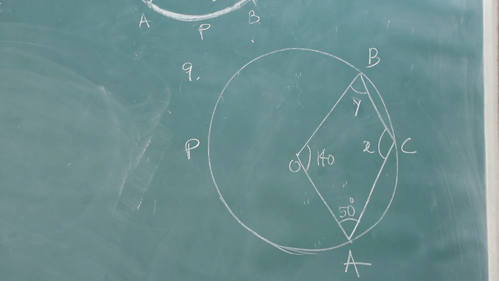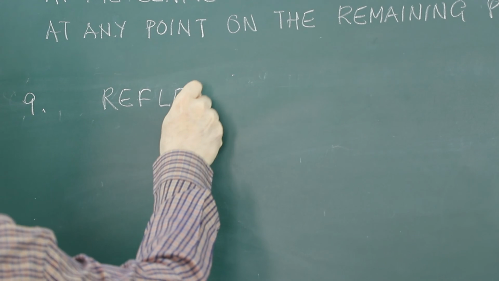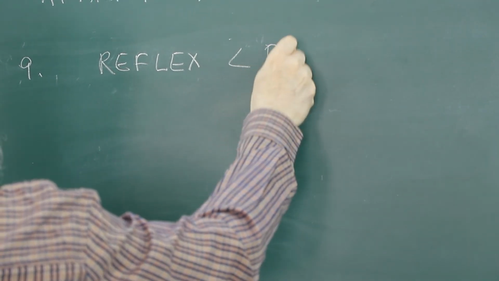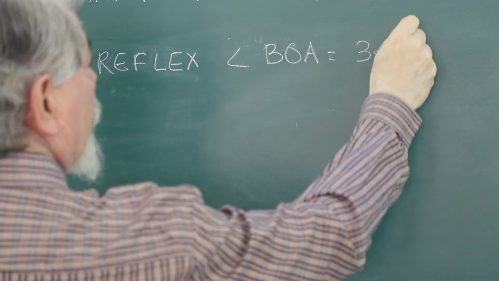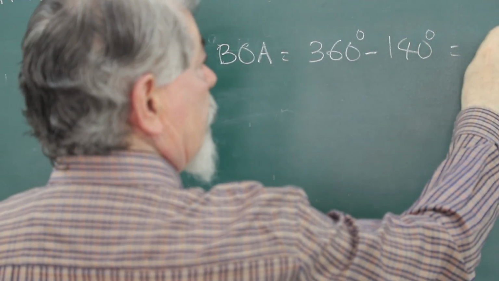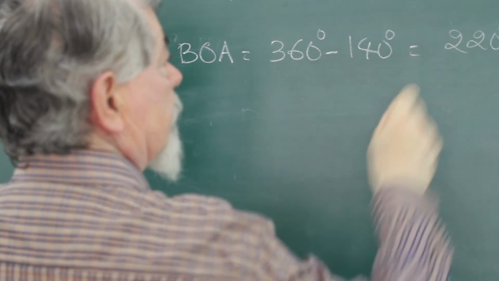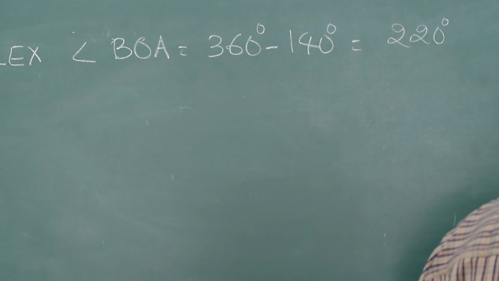First of all, let us calculate reflex angle BOA, which will be 360 minus 140. It will be 220 degrees, because the sum of angles around a point is 360 degrees.